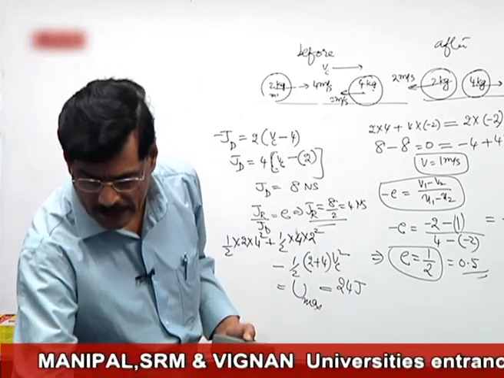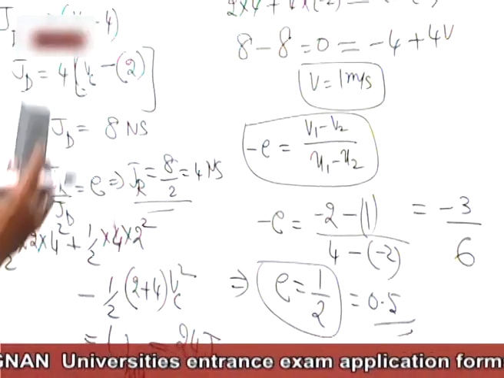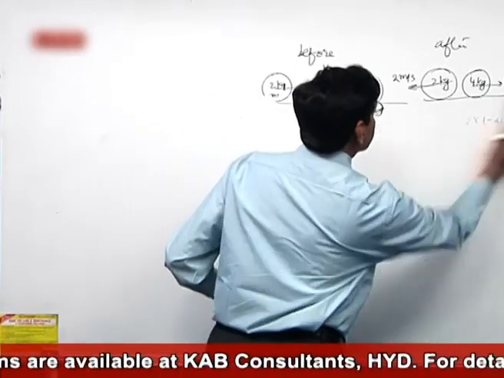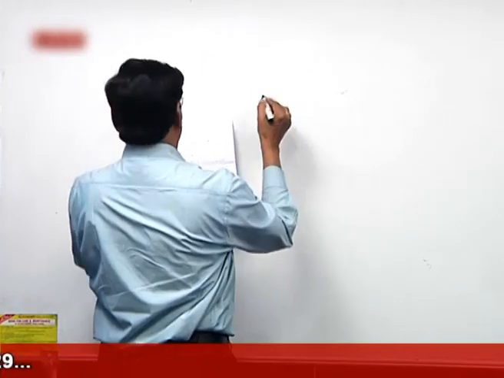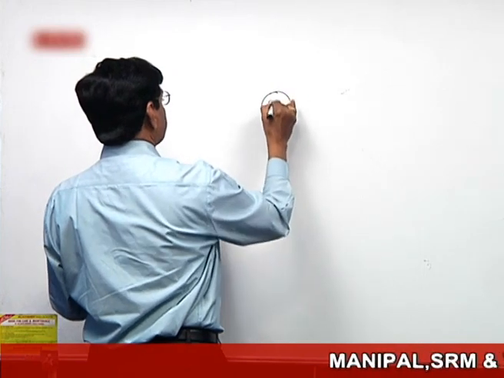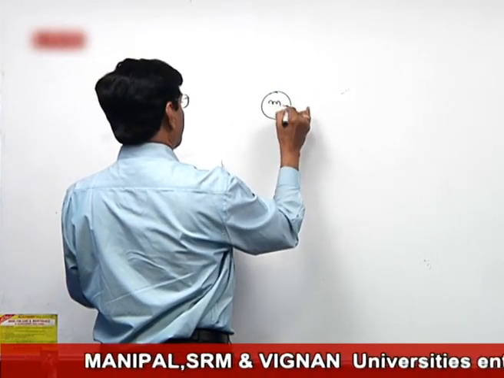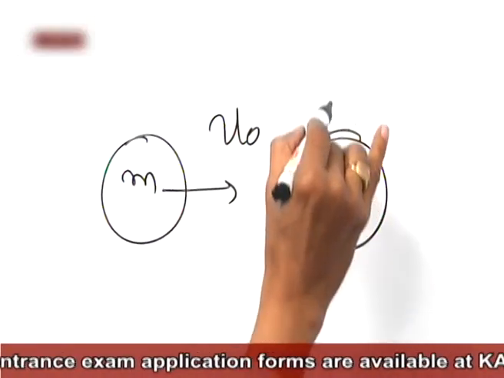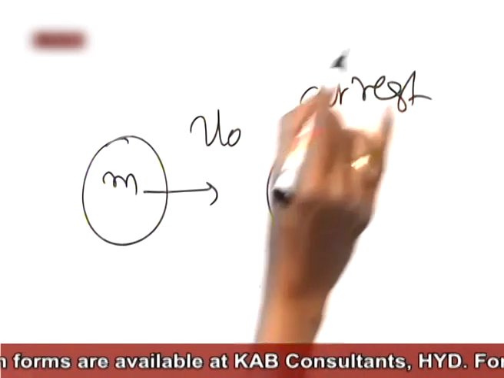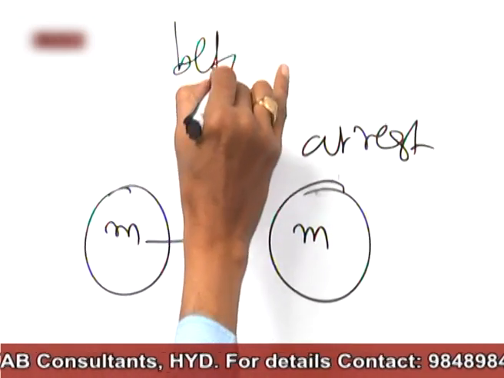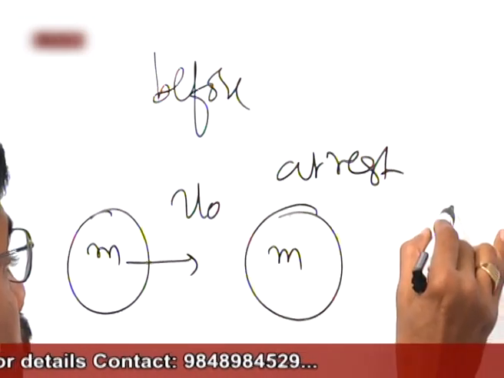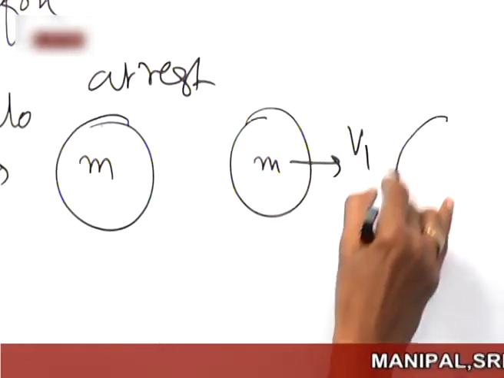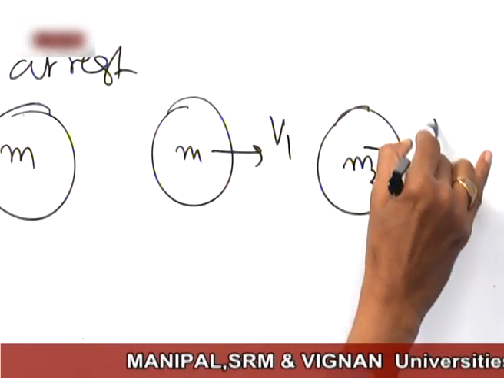Similarly, we will take up another example where balls are involved. This next example has two identical balls of mass m. One is moving with velocity u0 and the target body is at rest initially; this is before collision. After collision, ball m1 started moving with velocity v1 and ball m2 with velocity v2.